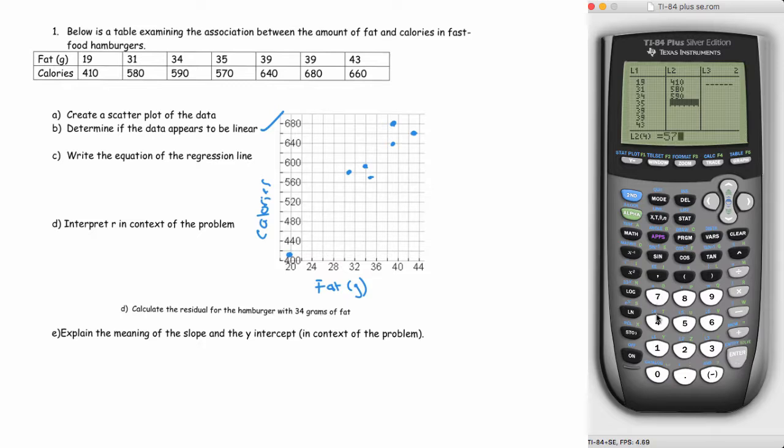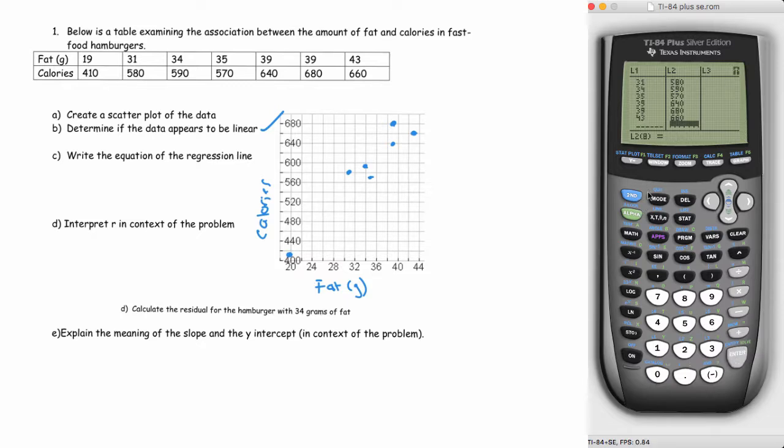As we've seen before, you're going to go to the quit screen, you're going to hit Stat, Calculate, Linear Regression, and when you compute it, you get this equation.